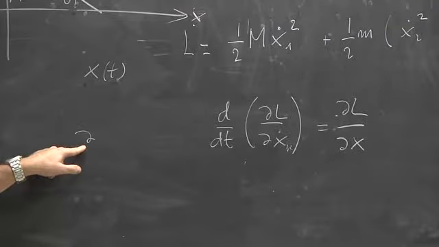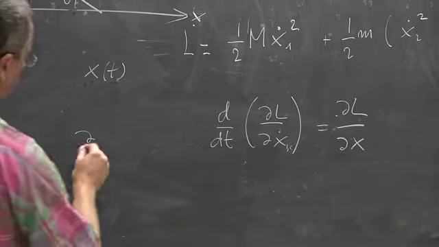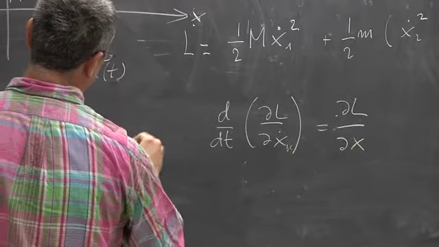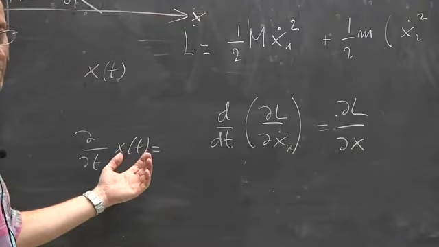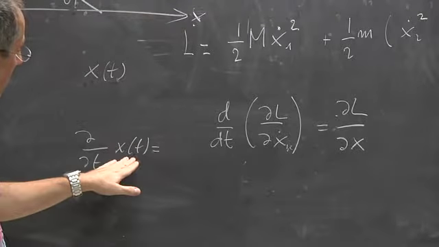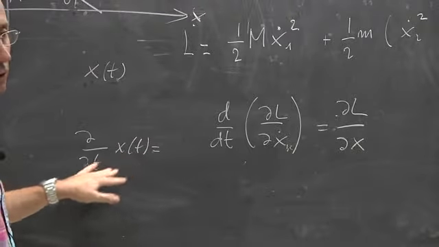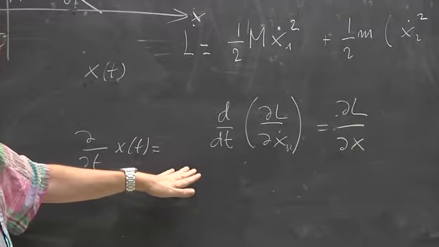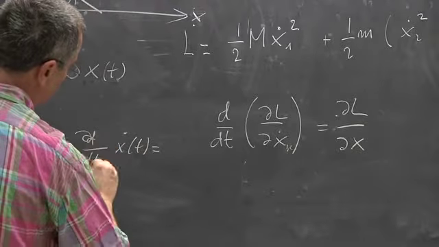Say I take d dt of x of t. There is no explicit dependence on t here, so this is going to be 0. But when I take the dot, I take the total derivative.